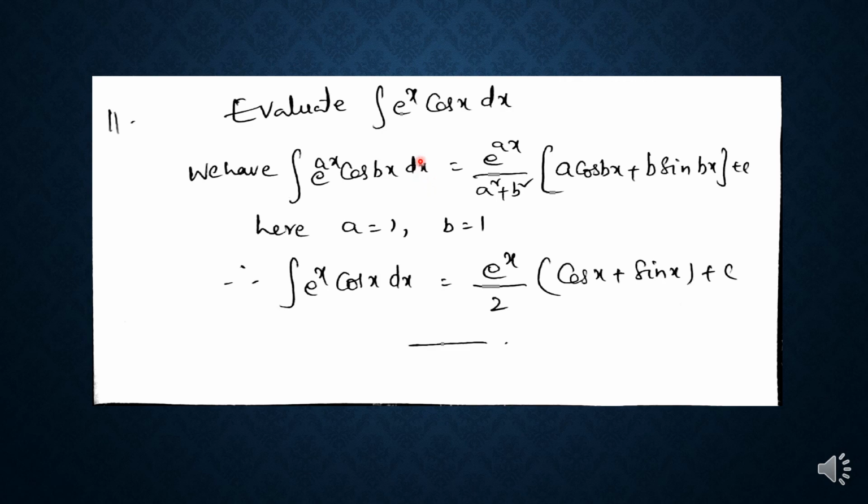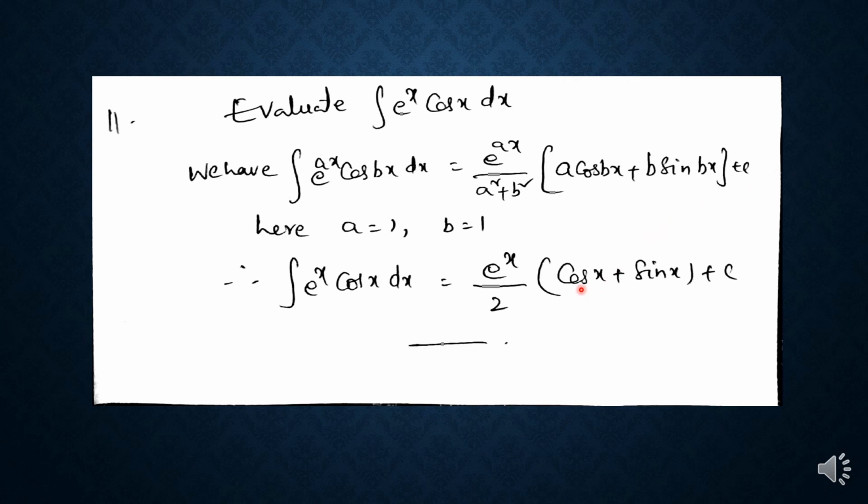Here a is equal to 1 and b is also 1. So we have the formula: integral of e^(ax) cos(bx) dx is equal to e^(ax) by (a squared plus b squared) into (a cos bx plus b sin bx) plus c.